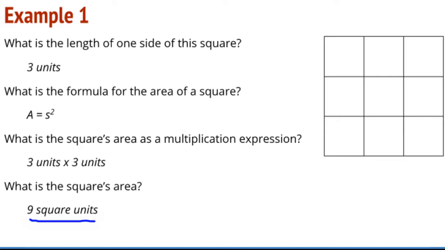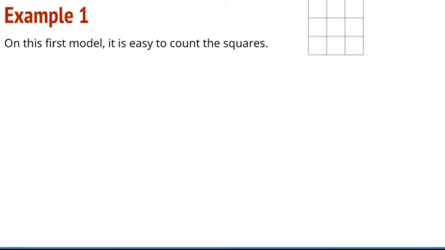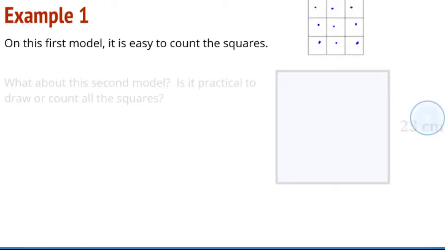There's a whole big long discussion to be had about whether or not you would say units squared. That can cause some confusion. I like to emphasize that what is normally used is we say square and then the units. So on this first model, it would be really easy to count the squares. 9 of them, no big deal.